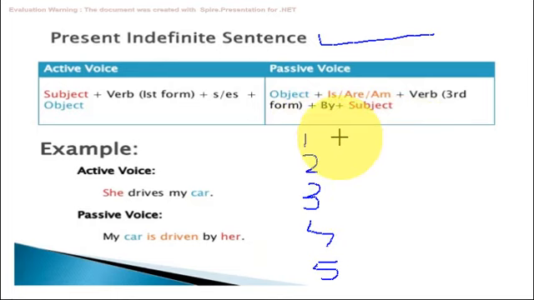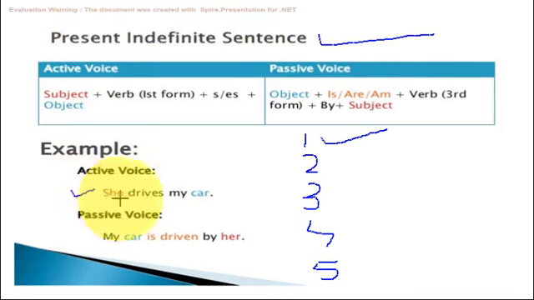as soon as you encounter the sentence, whether it may be of active voice or passive voice, let's simply consider here the sentence of active voice. At first, what you have to do is identify the type of sentence. It is very important. Here you can see present indefinite sentence. You can also call it simple present tense. Now see, this is an example of simple present tense.